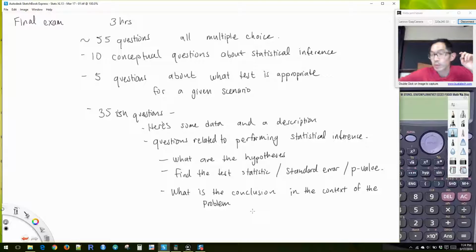Questions kind of related to this, maybe what a type 1 or type 2 error is in the context of this problem also.